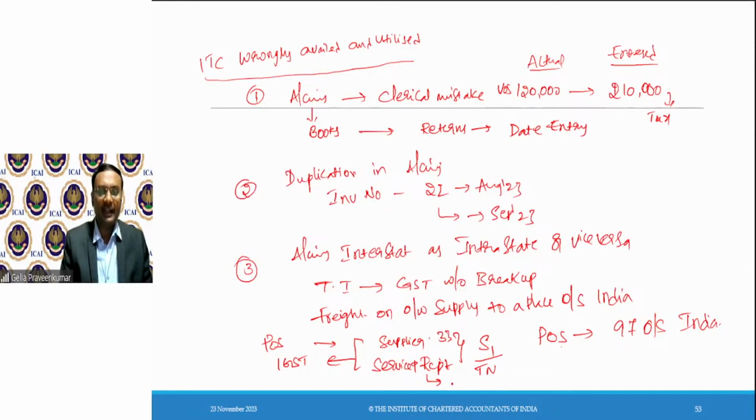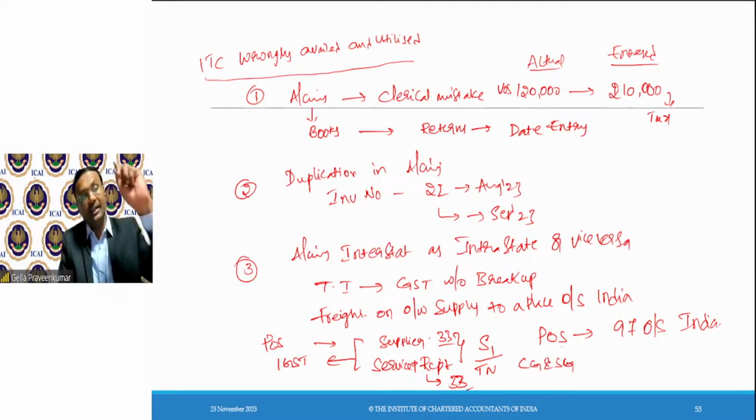Service provider is in Tamil Nadu. Customer is also in Tamil Nadu. Looking at these both state codes, generally we as accountants have a tendency to account that as CGST and SGST. But when actually you see the supplier, that supplier would have uploaded IGST. This could be the third scenario where there was a mistake which took place.